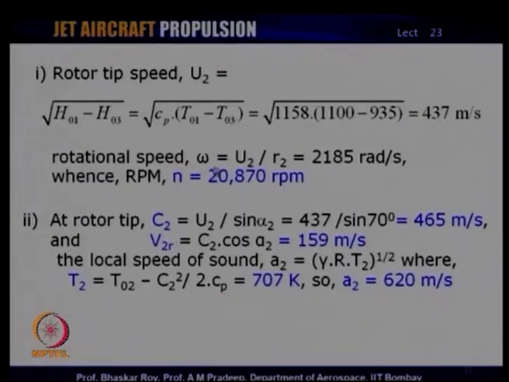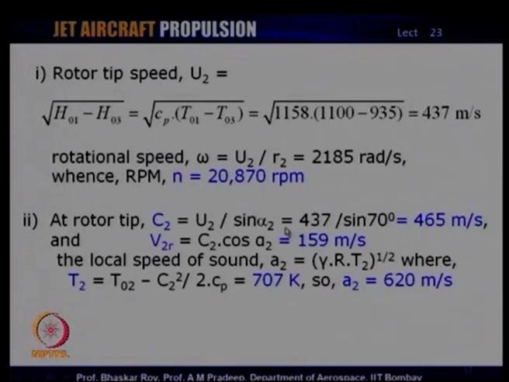Now, this rotational speed then can be found simply by dividing this U by r, and that gives us 2185 radians per second, corresponding to which you would get the RPM equal to 20,870 RPM. So, as you can see here, a typical radial turbine would be running at very high RPM compared to an axial flow turbine.